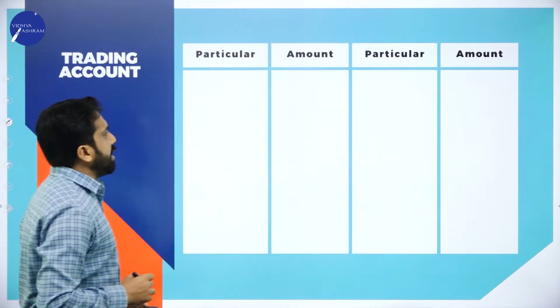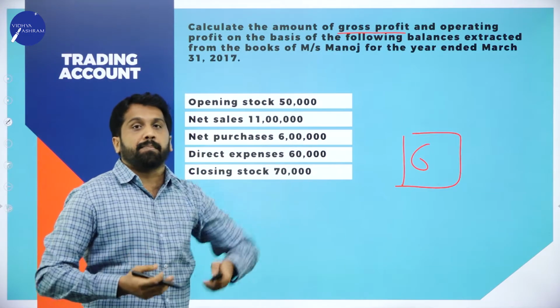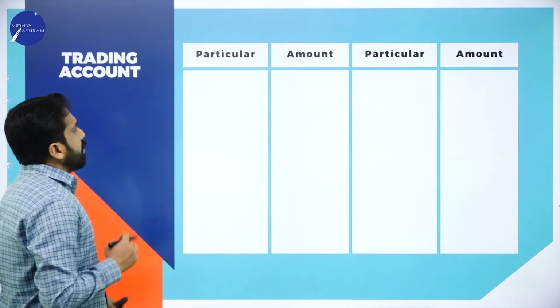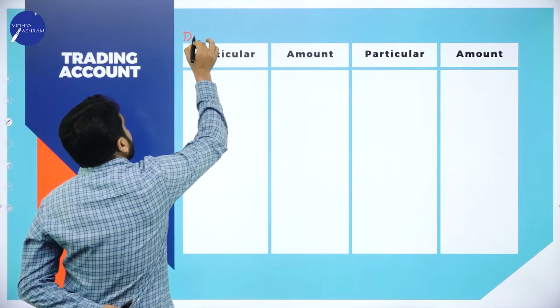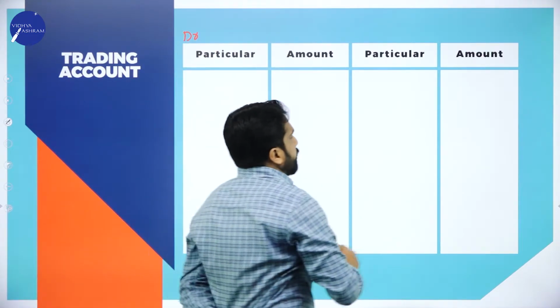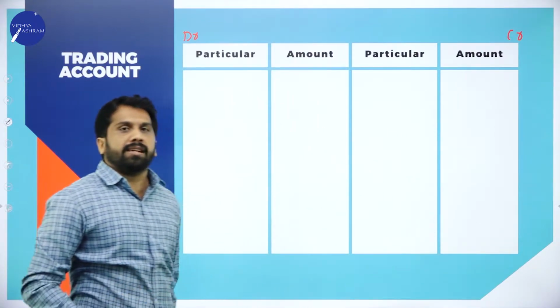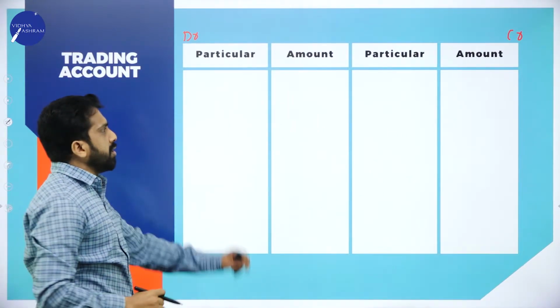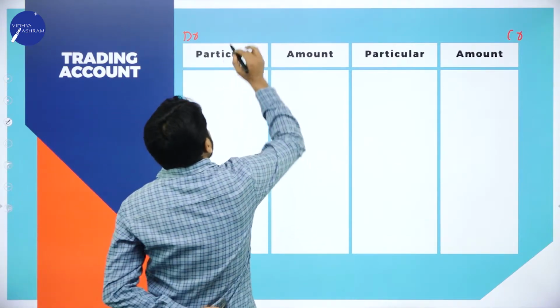Now we'll go for the answer. So what is the name of the company? It is Manoj. First thing what you have to do, you have to mention your debit side and your credit side. This is compulsory. Every problem you have to mention debit as well as credit. Now, what are you preparing?